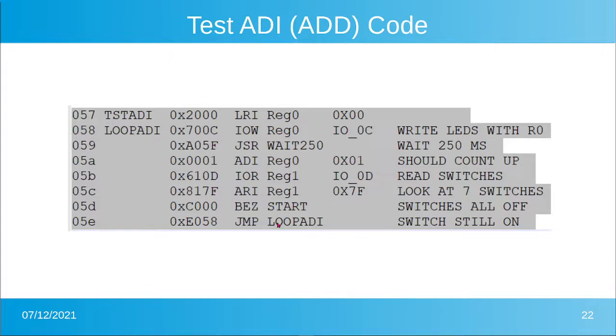If we are, return to the start, otherwise it jumps back to the loop ADI, which writes out the LEDs. So this will keep counting up, at a quarter of a second a count with 8 bits of count, that's too long to watch, but let's watch it count for a little bit here.